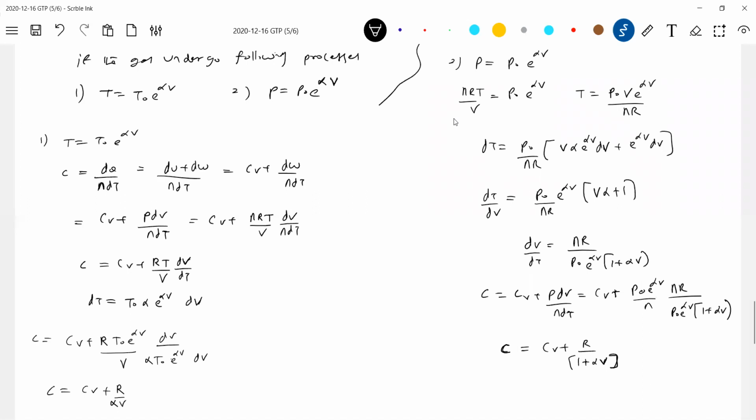Are you getting it? Please do remember, it's a very good topic where any teacher will be interested to ask any question. So a student must learn the methodology here. But the very basic formulas, what are they? There's the definition of molar capacity. Next, the ideal gas equation, PV equal to nRT. Then the first law of thermodynamics, dQ equal to dU plus dW.